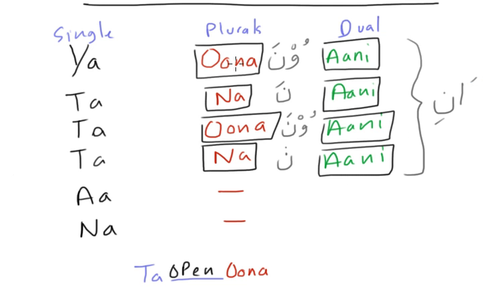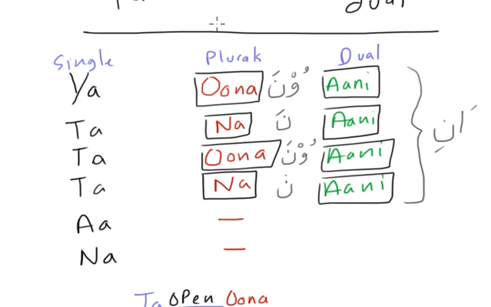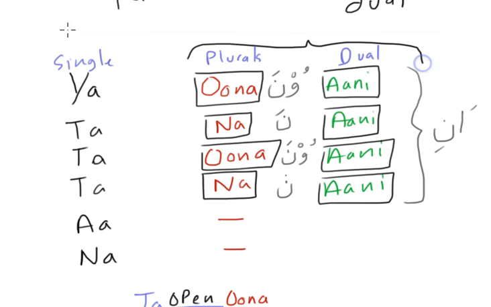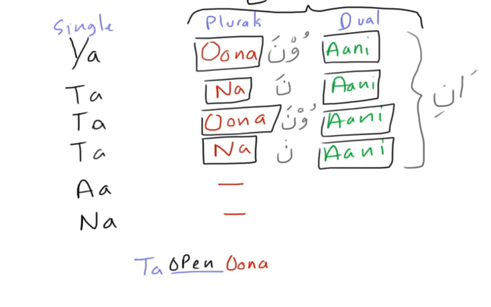And that's basically all you do. So all you have to remember is that unlike the singular, the plural and the dual are added at the end of the words. So these two, they are actually added at the end of the word. So it's quite simple to understand.